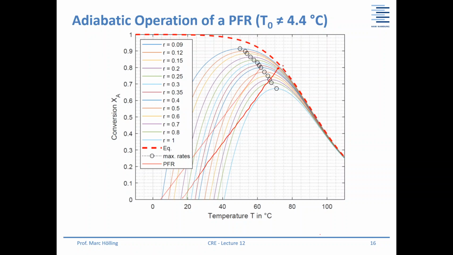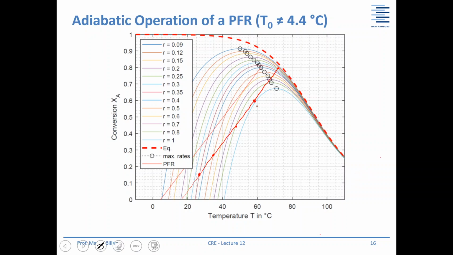Okay, and what's the advantage of this? If you look at this, then you can see, okay, now you have intersections of your line here with much higher reaction rates.